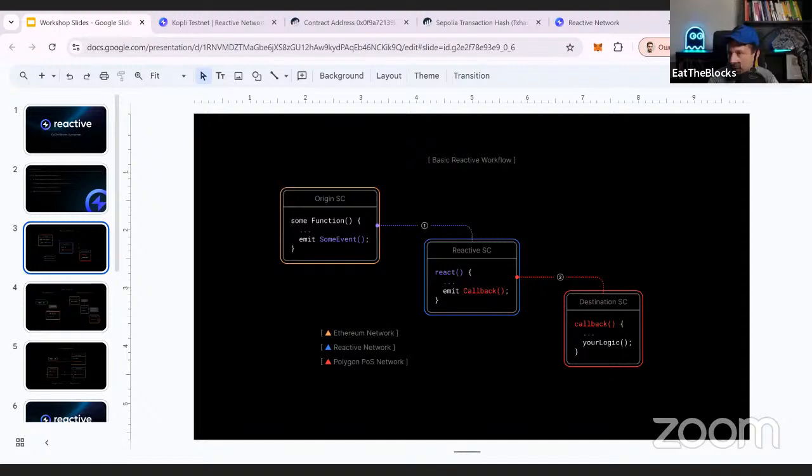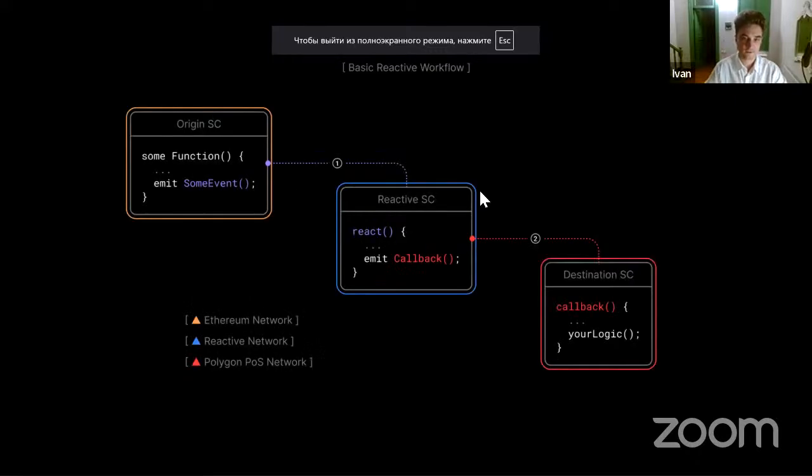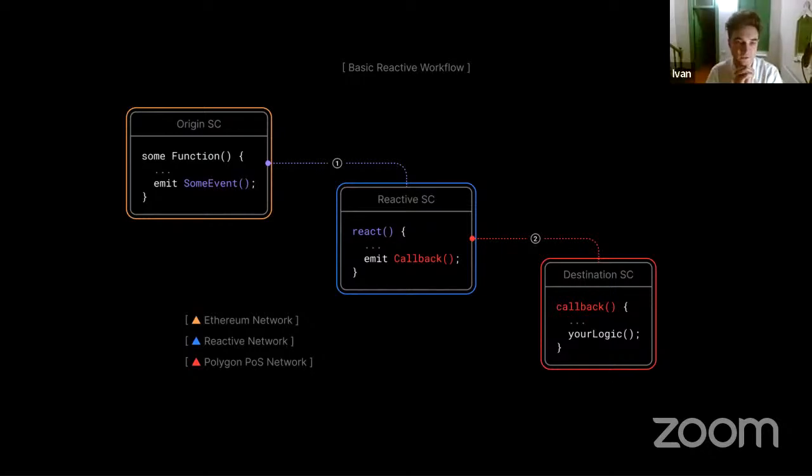Let me make it full screen. Okay. Is it full screen? Yes, perfect. Okay, so this is the basic reactive workflow. We have the origin smart contract on the left, the reactive smart contract in the middle, and the destination smart contract on the right.